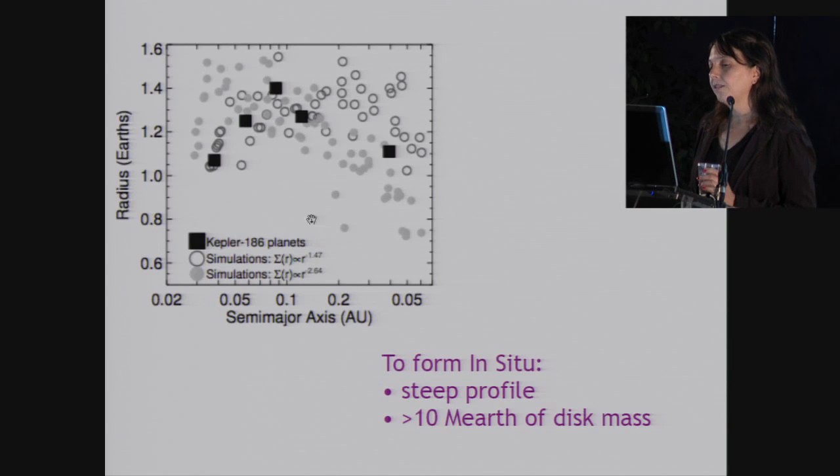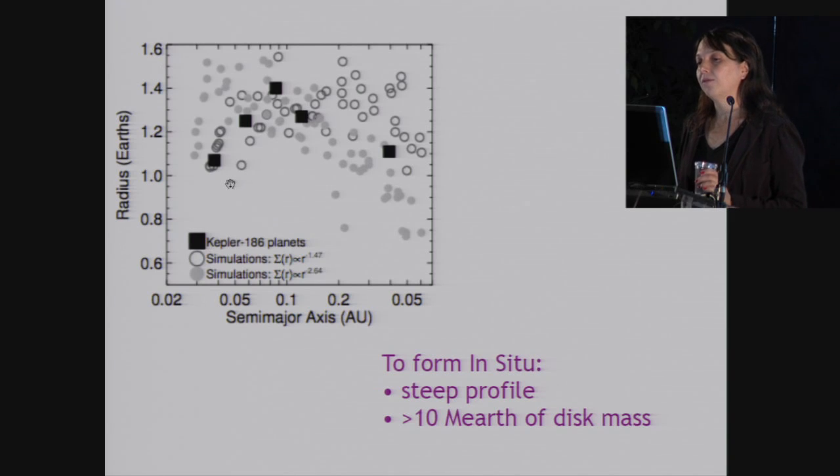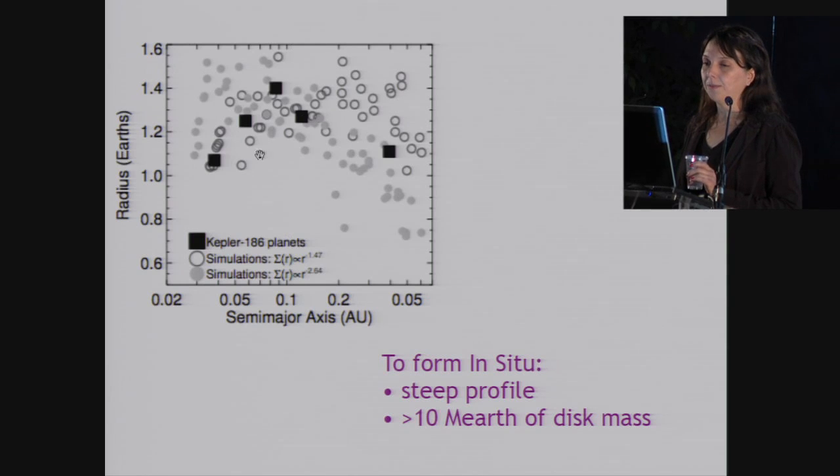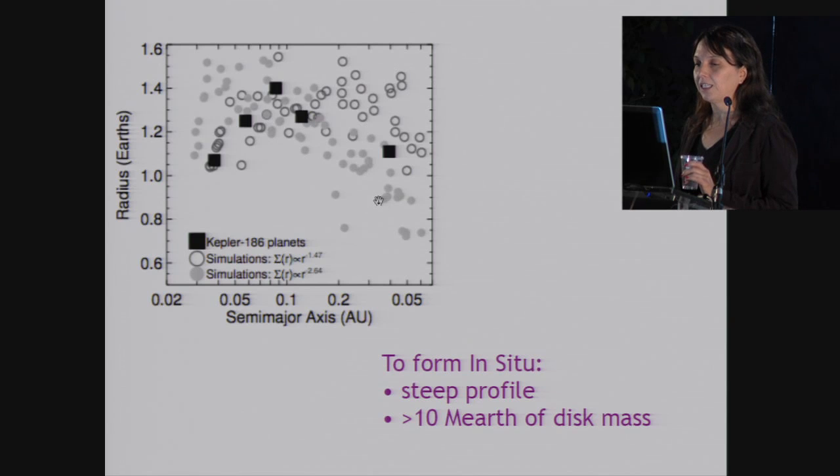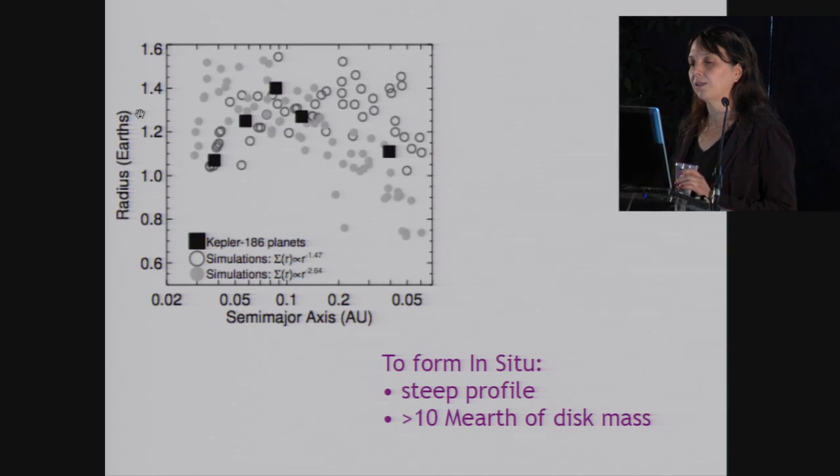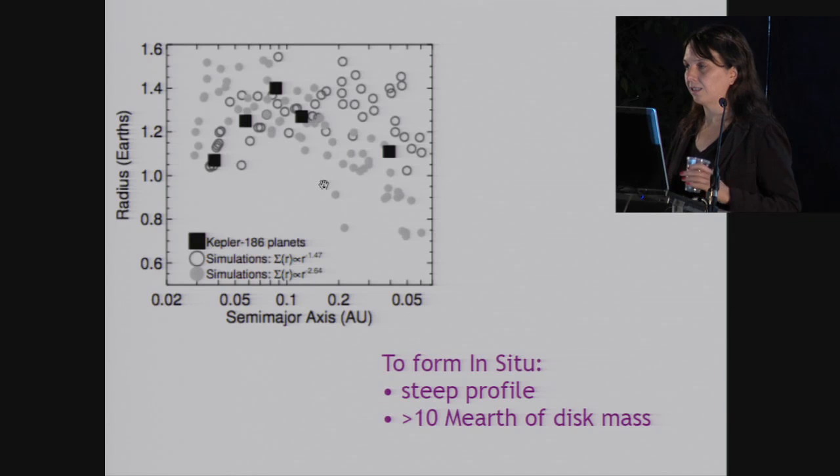And so here is a figure that shows all of the planets that formed in our batches of simulations. The squares are the Kepler 186 planets, and then the open and shaded circle symbols show the planets from the different initial distributions of masses.